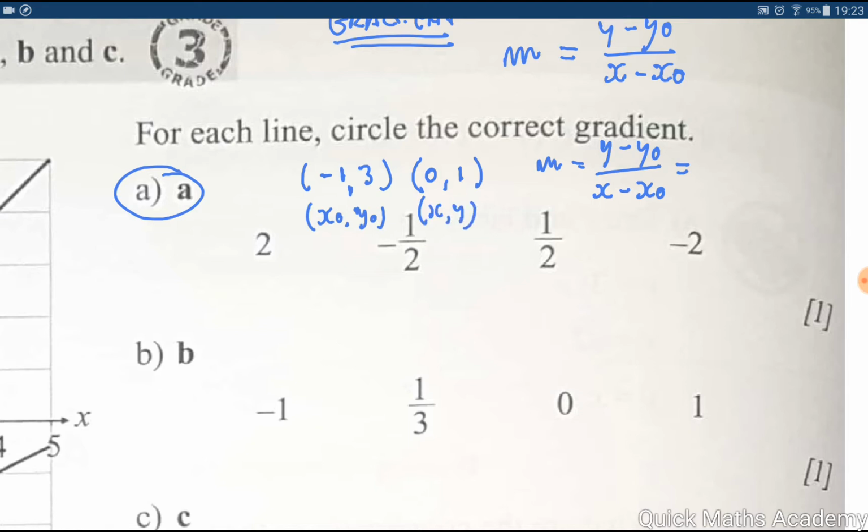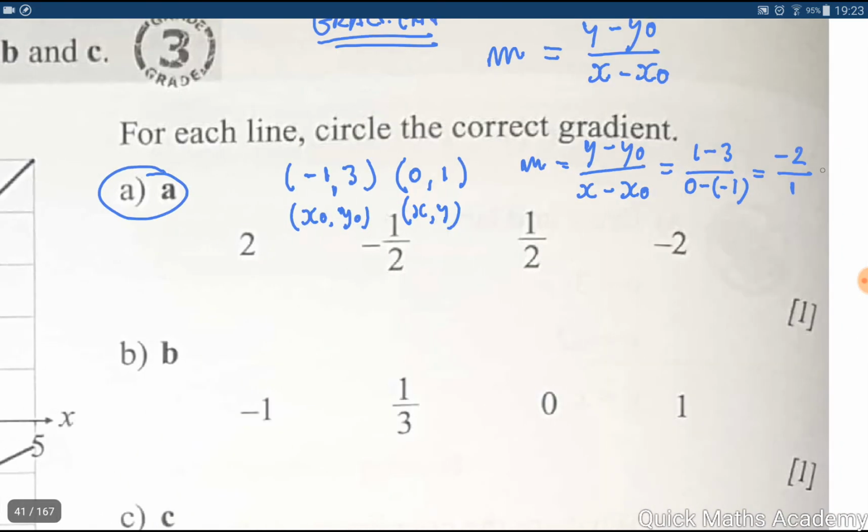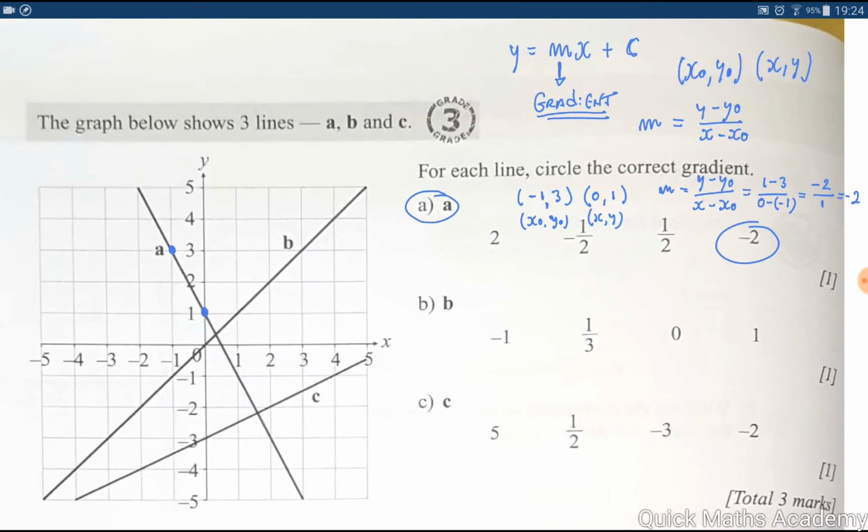So y minus y0 will be 1 minus 3, over x minus x0, that will be 0 minus minus 1, and that will be minus 2 over 1, which will be minus 2. So this gradient, minus 2, is my correct answer.